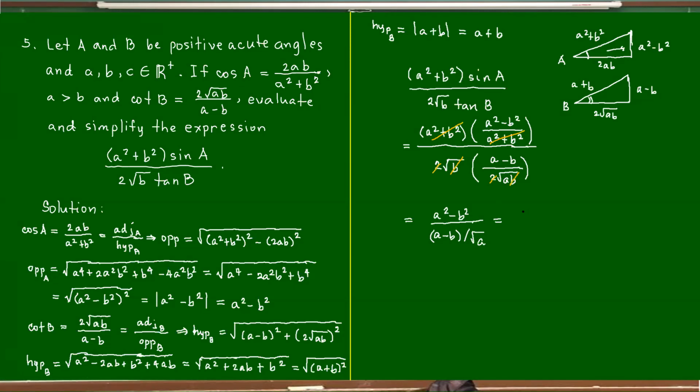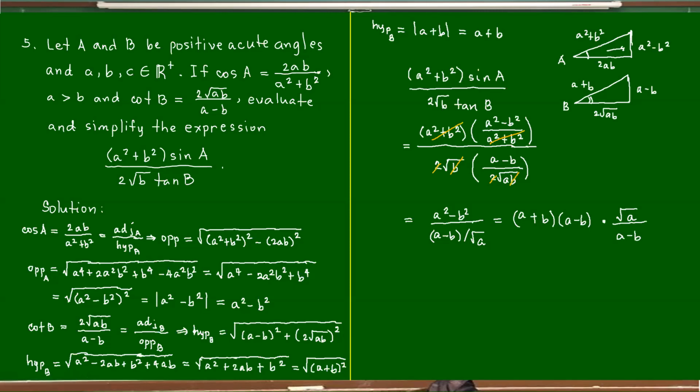And this is equal to A plus B, A minus B, the factored form, multiplied by the reciprocal of the denominator, square root of A over A minus B.